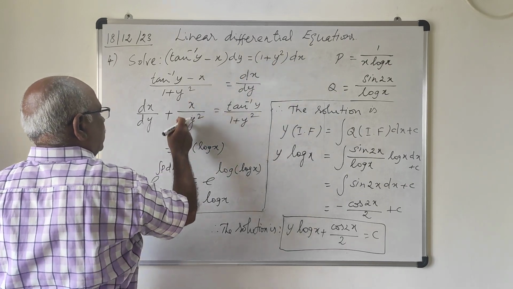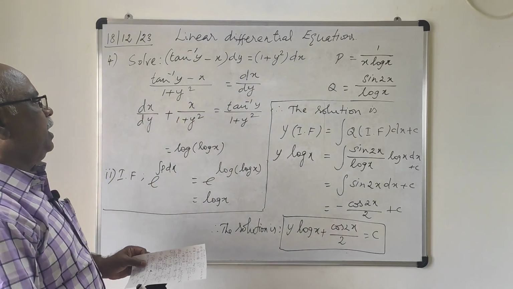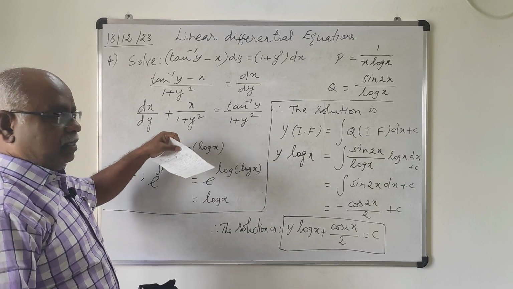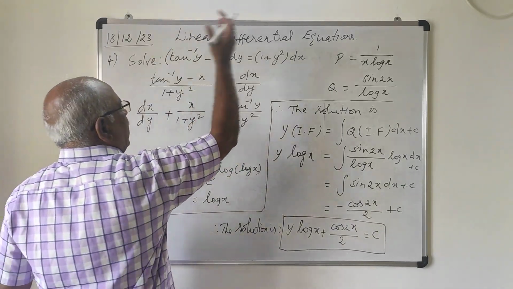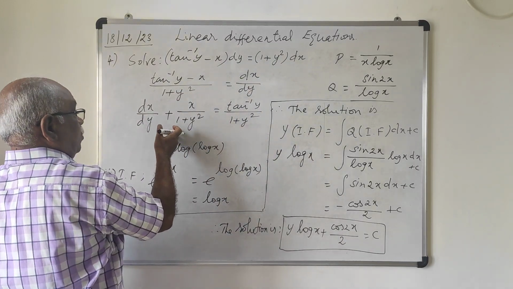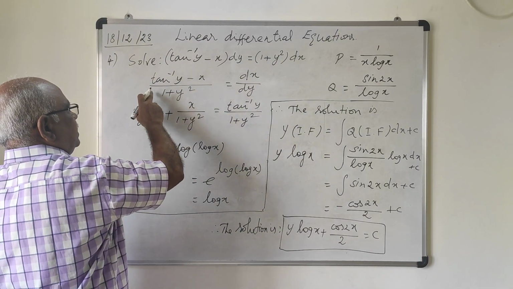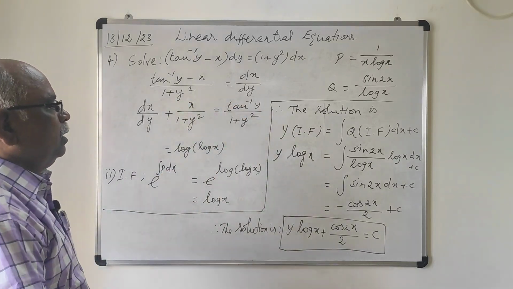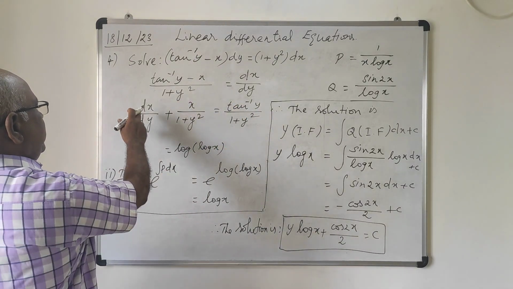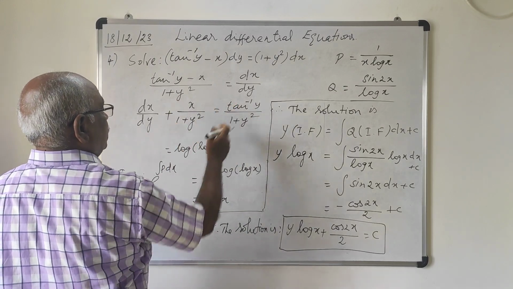It becomes plus x by 1 plus y square, and on the other side you have tan inverse y by 1 plus y square. You rewrite this equation like this. So this is of the form dx by dy plus px equal to q.